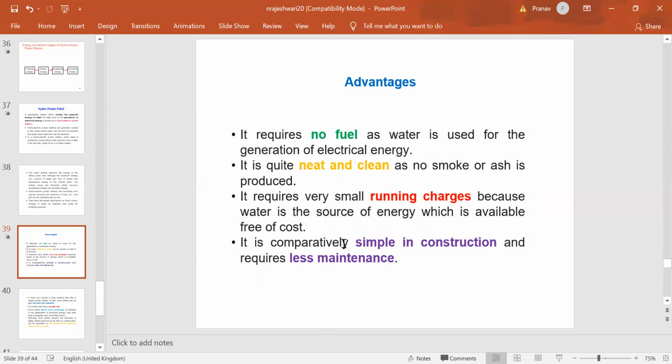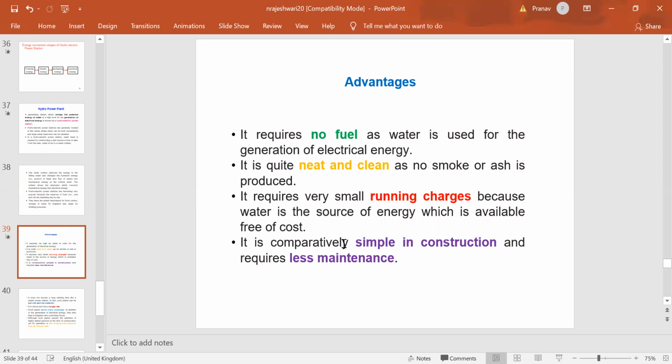It is quite neat and clean as no smoke and ash are produced. It requires very small running charges because water is the source of energy, which is available free of cost.